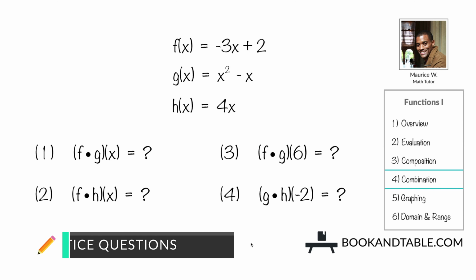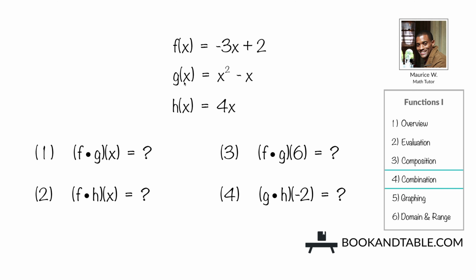Let's now have you try a few practice questions. If f of x is equal to negative 3x plus 2, and g of x is equal to x squared minus x, and h of x is equal to 4x, question number 1. What is f times g of x equal to? Question number 2.